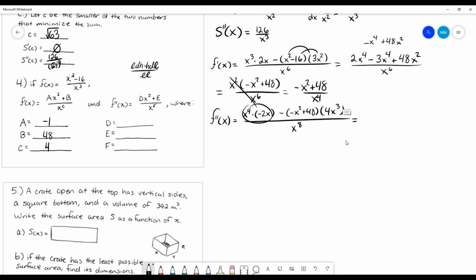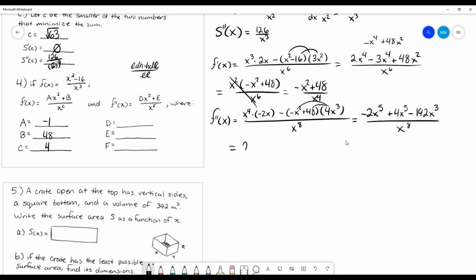So I'm going to get a negative 2x to the 5th plus 4x to the 5th minus, I think that's 192 x to the 3rd. I think 48 times 4 is 192. And then all over x to the 8th, combine like terms.